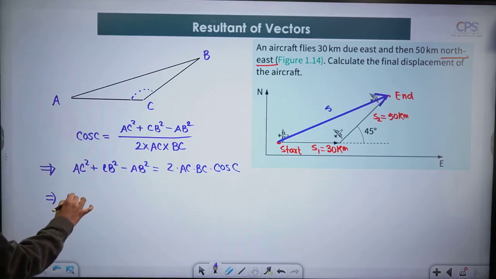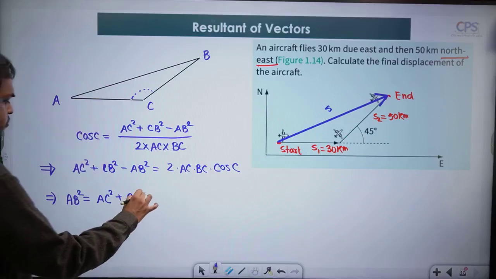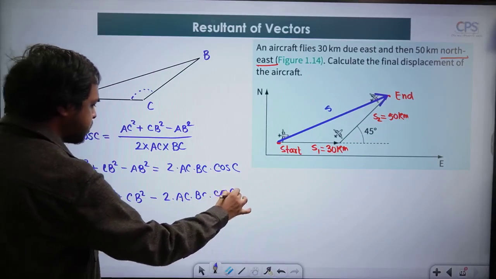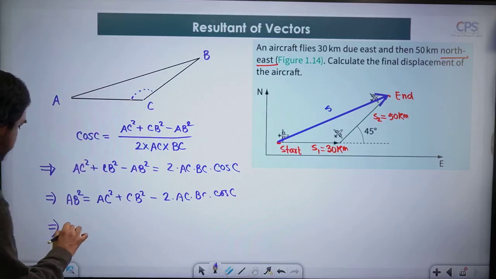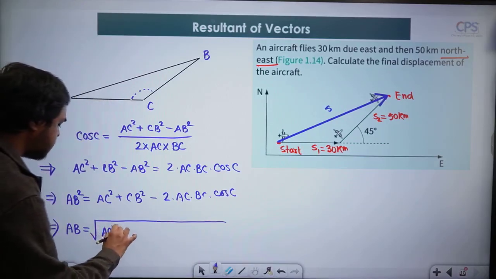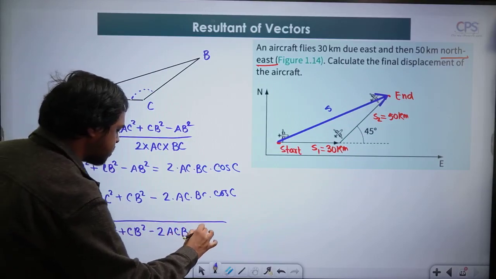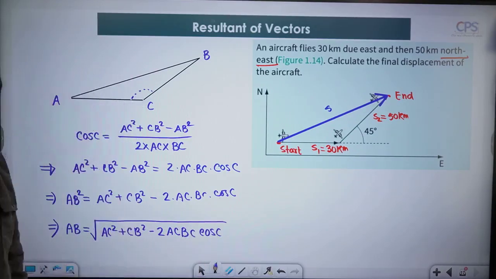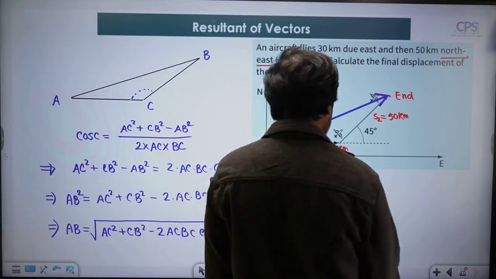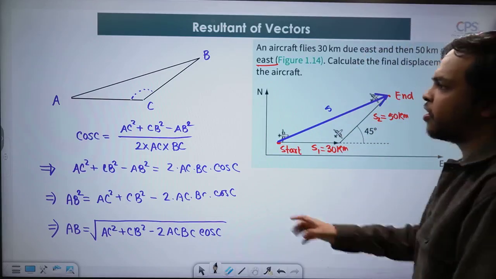So AB square equals AC square plus BC square minus 2 AC BC cos of C, or AB equals root over AC square plus BC square minus 2 AC BC cosine of C. See, these are mathematics, nothing else. Mathematical calculations. So we got AB here.